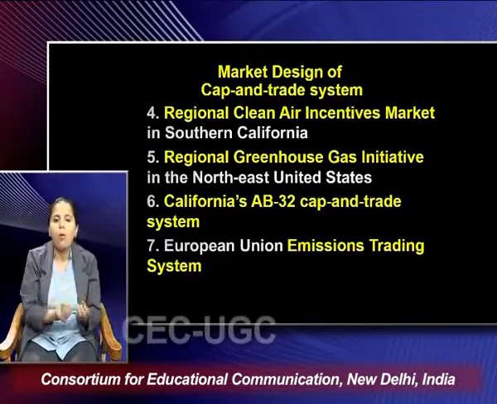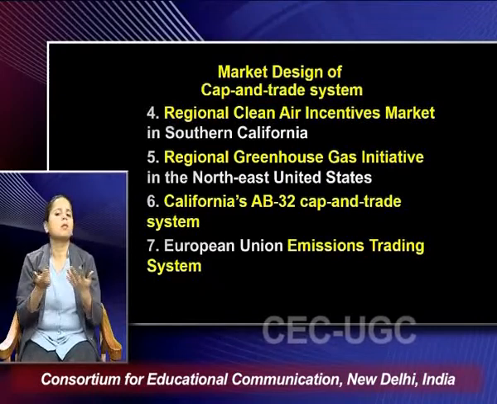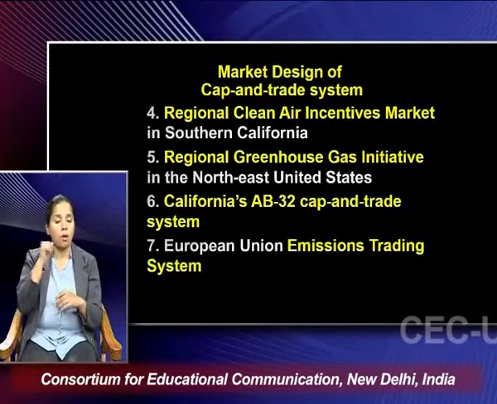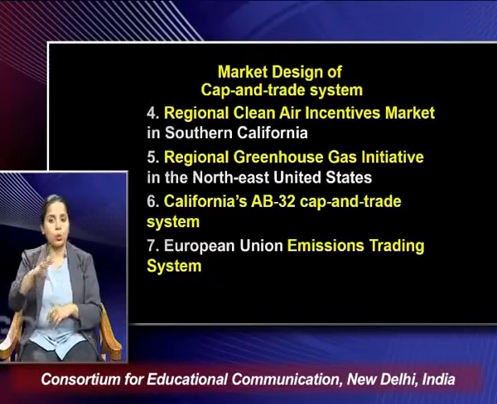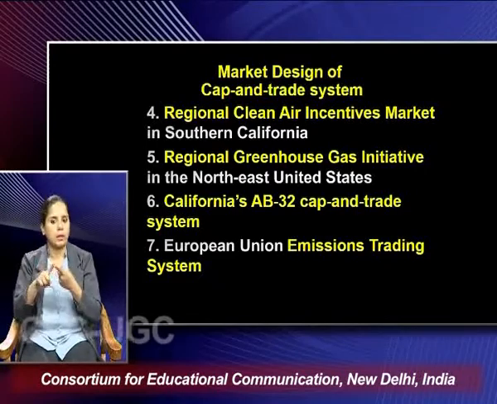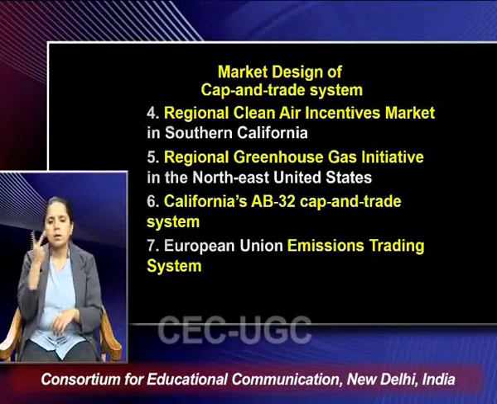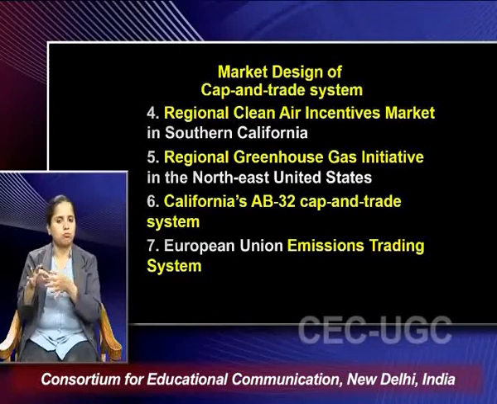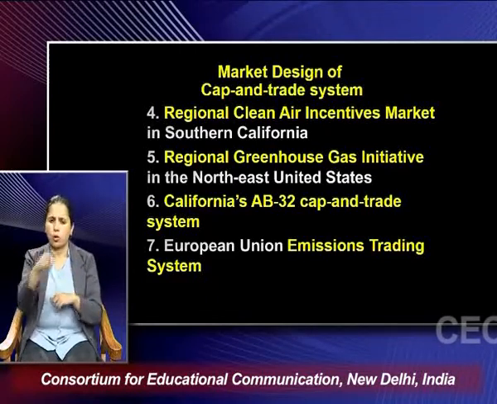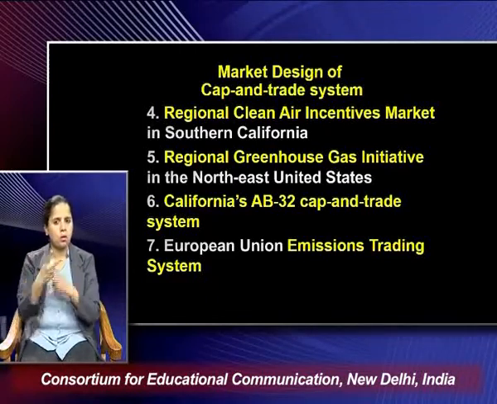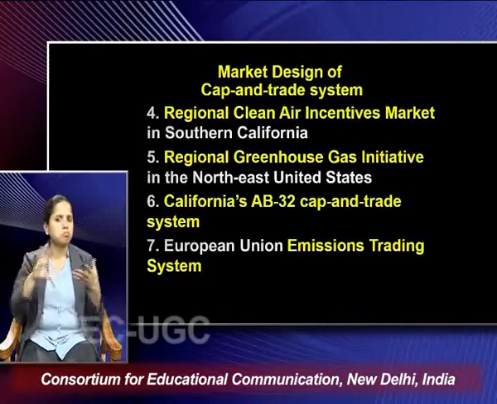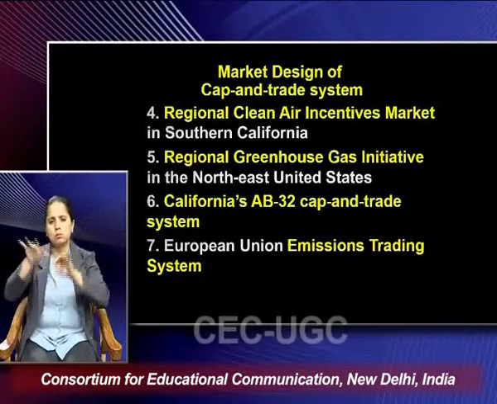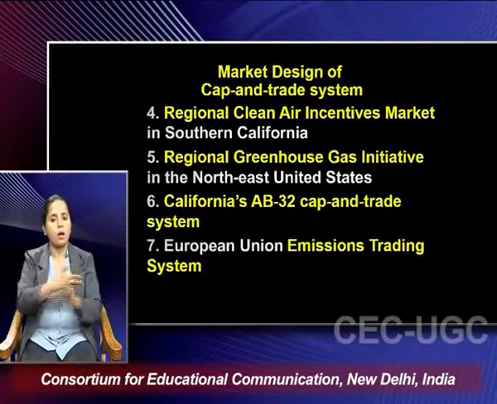The sixth case study is California's AB 32 cap and trade system. Seventh is the European Union emission trading system, which we all know is a remarkable breakthrough in the entire class of instruments used for reducing emissions and creating environmental markets.